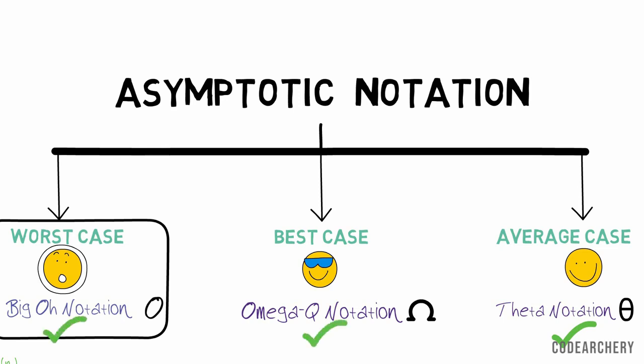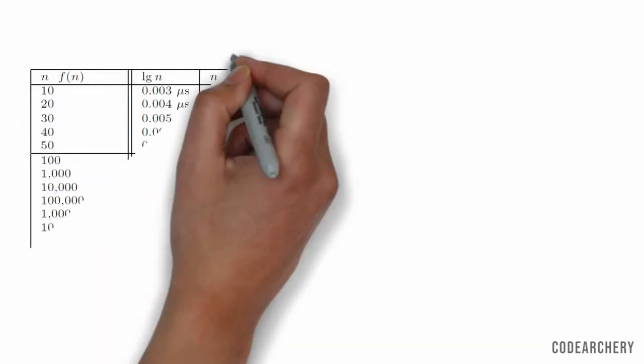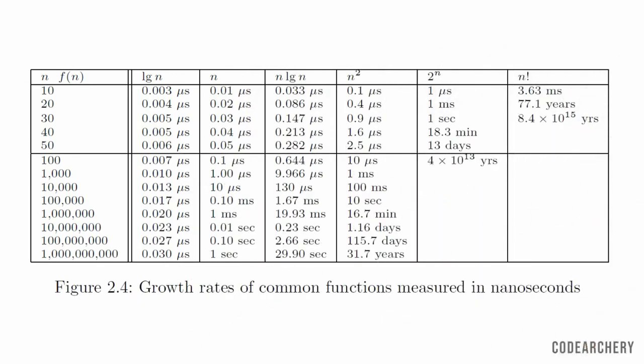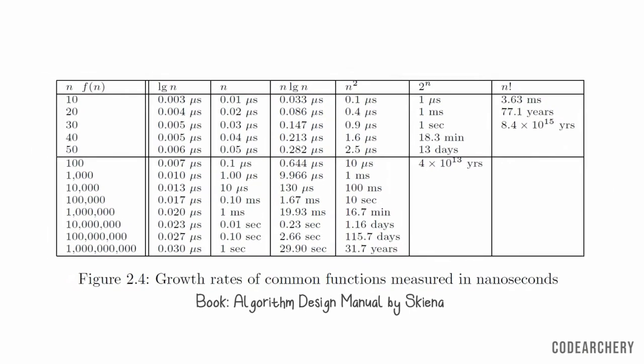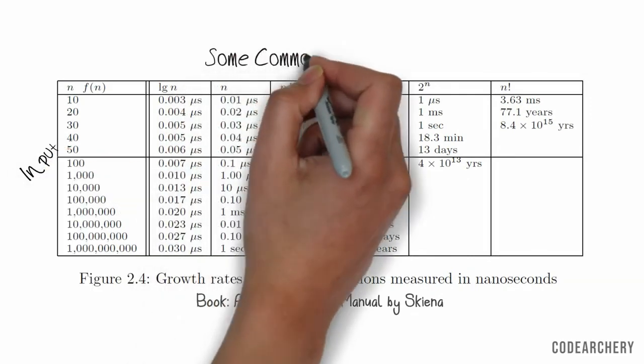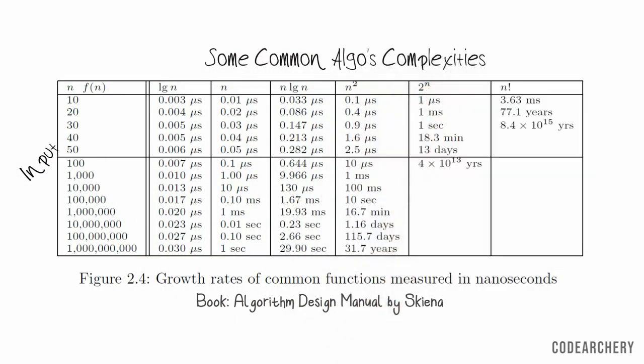That's important. Let's have some fun. Let's understand how much time complexity matters. I took this pic from the book The Algorithm Design Manual by Skiena. I highly recommend this book. The first column represents the number of inputs and the first row shows the common algorithm complexities.